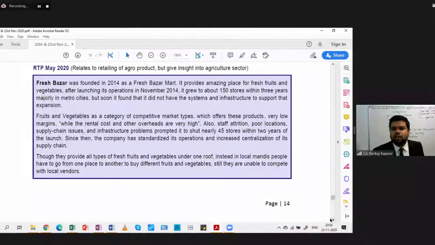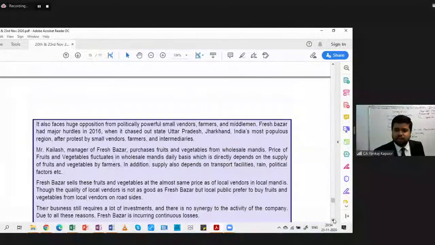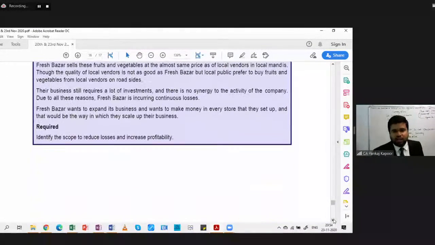There is some chain which is selling fresh vegetables and fruits, but the company is finding it difficult to sell because there are local mandis, the mandi wallahs and the street hawkers standing on the side of the roads, having a strong network and political pressure. So many stores opened during the last 2-3 years reached the position where the store needed to be closed. Hence, if you read this case study, you will find it very easy. So I'm leaving it to you as homework.